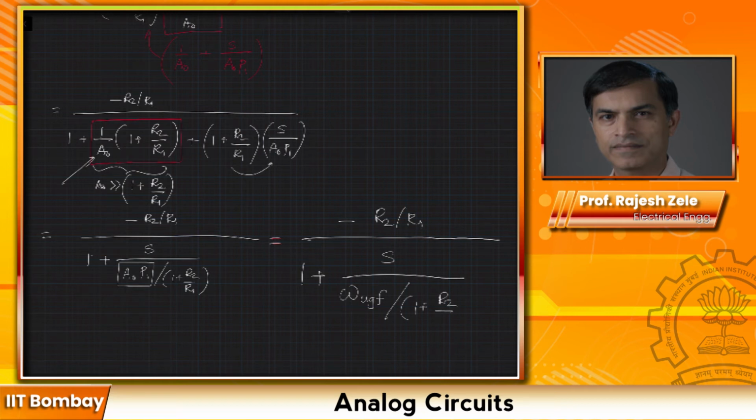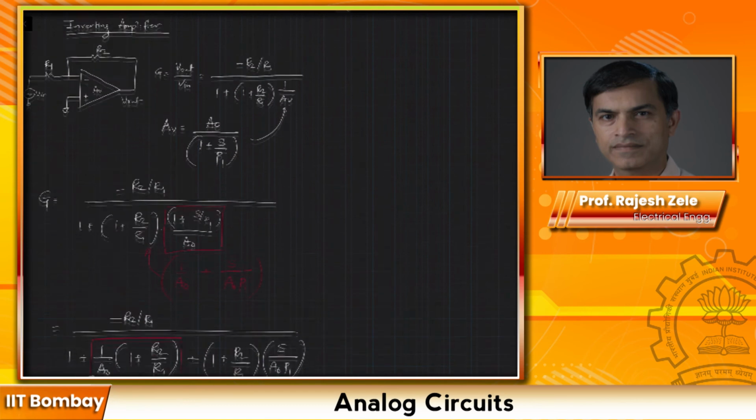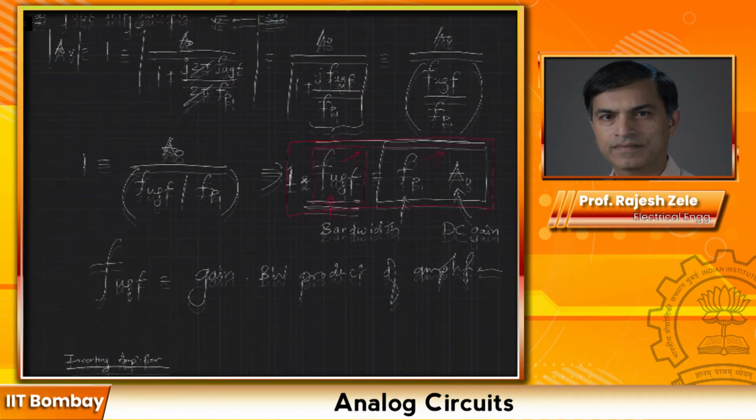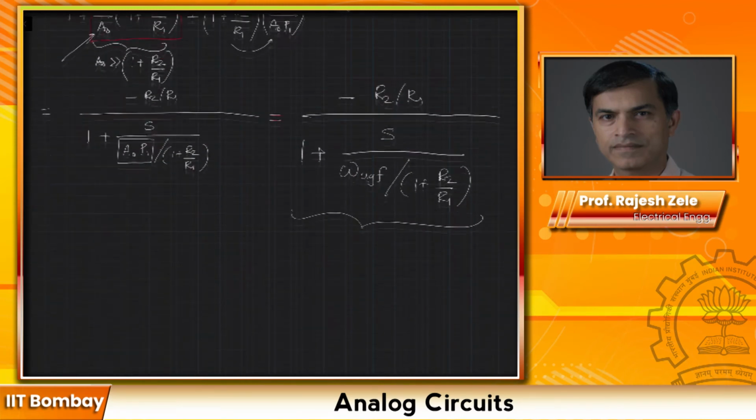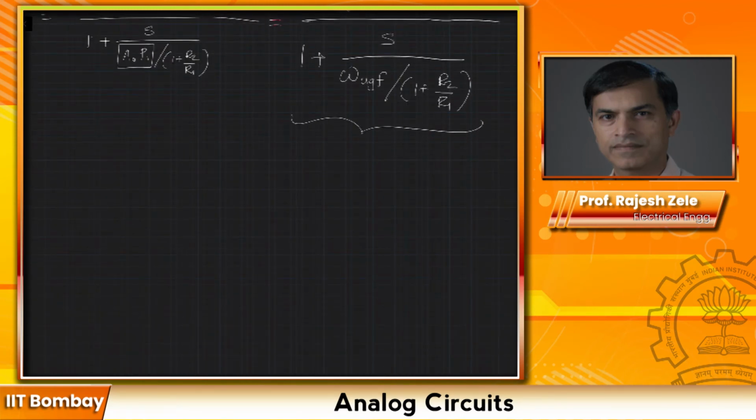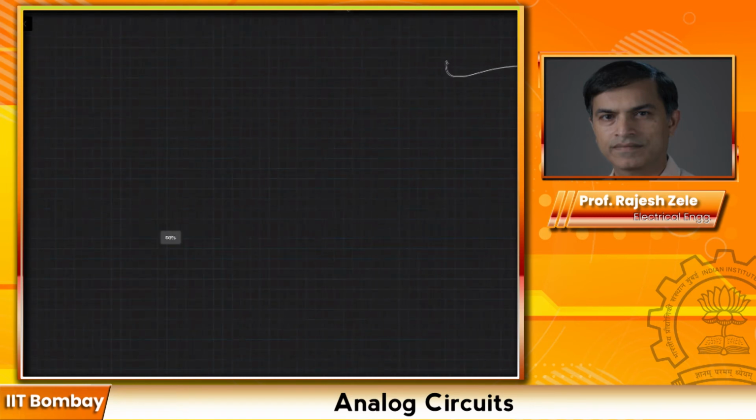So what does this really mean? Let me redraw the characteristics one more time. So if we had an ideal op-amp with gain of A0, then we expect this to be the frequency response, ideal op-amp.